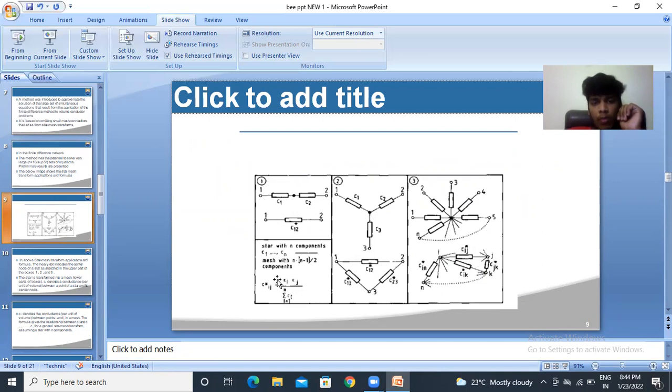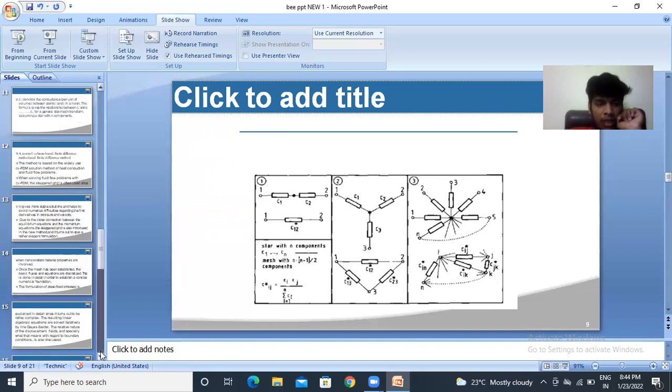This is the formula for the star-mesh transformation. So this is the star diagram, this is the mesh diagram. Now the star has been transformed to the mesh one. The relation of these two, star and mesh transformation, is given with n components. Now let's move to another slide.